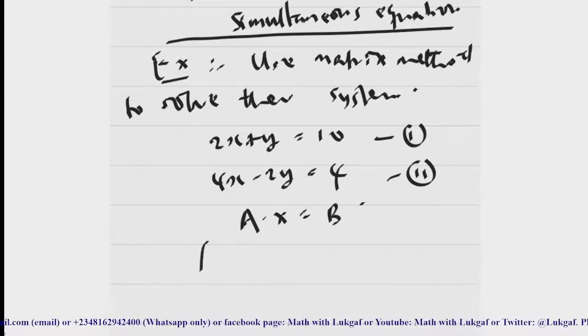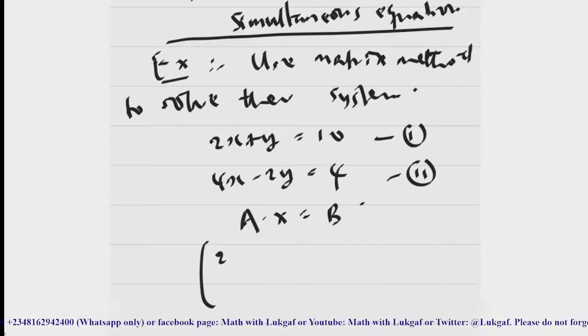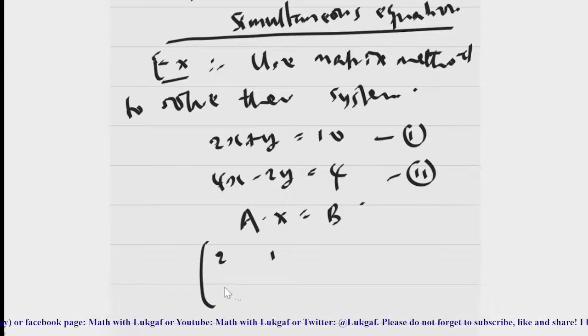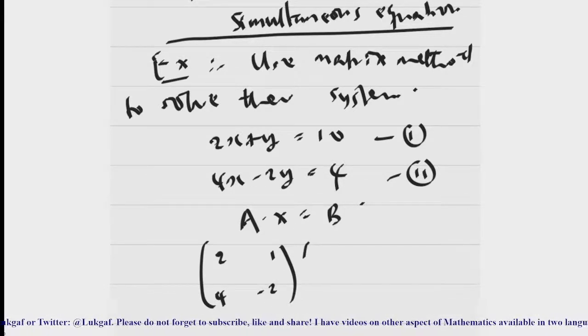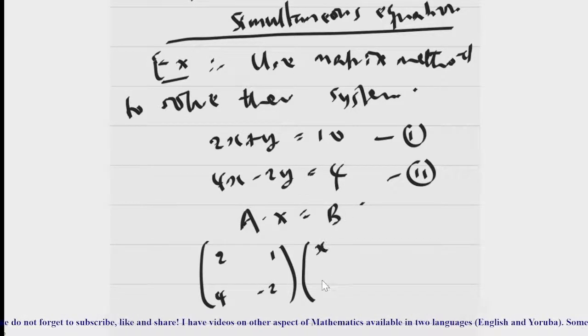So we have 2, the coefficient of x, the coefficient of y, the coefficient of x in the second equation, and the coefficient of y. Then your X will be your variable, the unknown variables x, y.